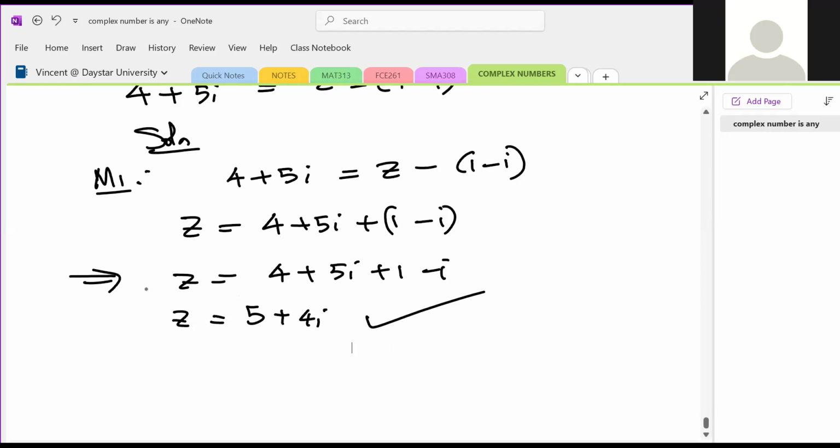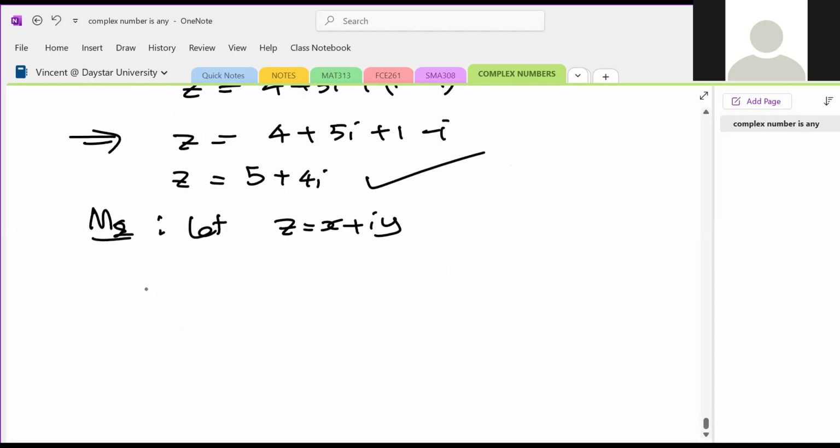Then the other way, method 2, is to let z be x plus iy, because this is how we write a complex number. Then we'll have 4 plus 5i equals, where the z is, you put x plus yi.